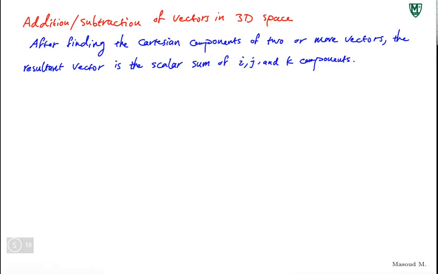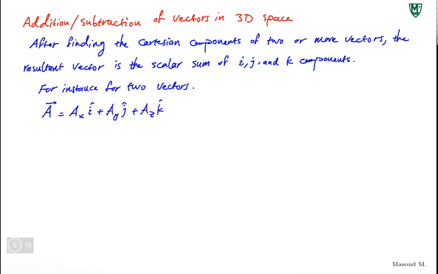Now, you can think about, for instance, two vectors. Let's say vector A has components of Ax i plus Ay j plus Az k. Right?